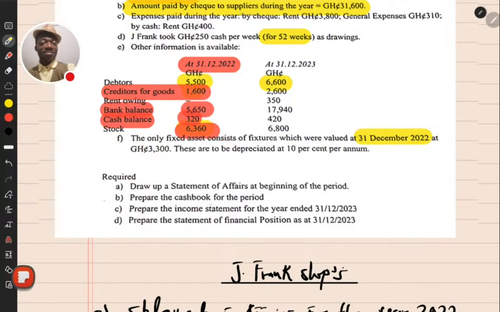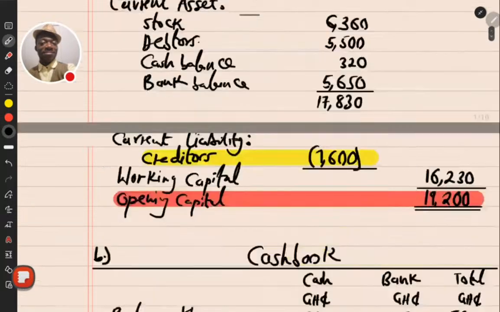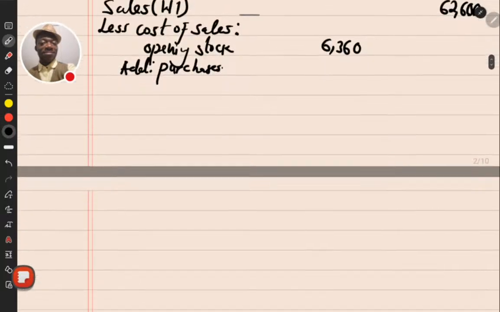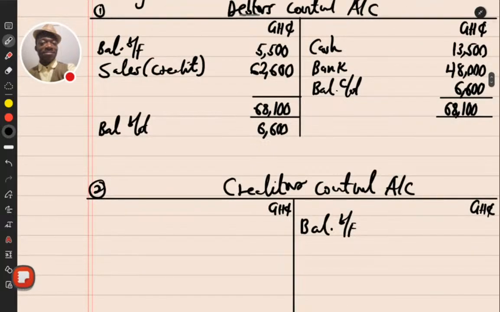So that's what we are using. So we'll have here 1,600. Then the next thing we want to ask ourselves: how much did we pay to creditors for the year?